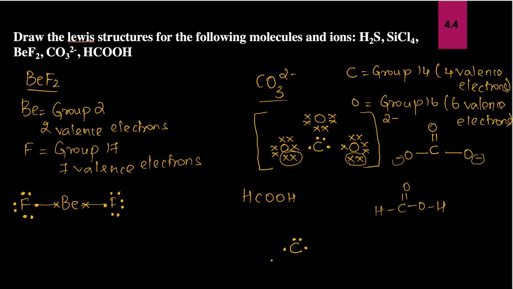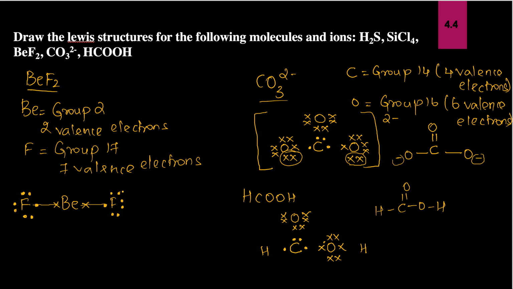It has 4. Then it has a hydrogen here. It has an oxygen here. It has another oxygen. This oxygen is also bonded to a hydrogen. So now I'm going to denote the electrons of oxygen using a cross.